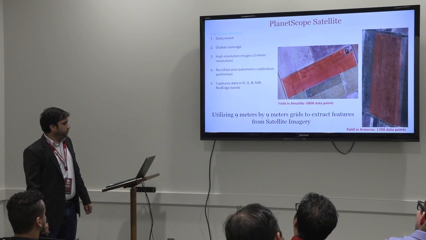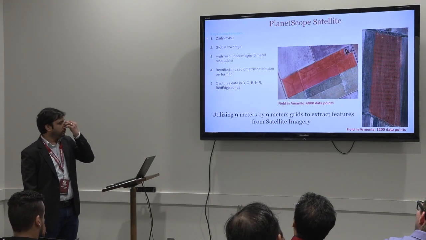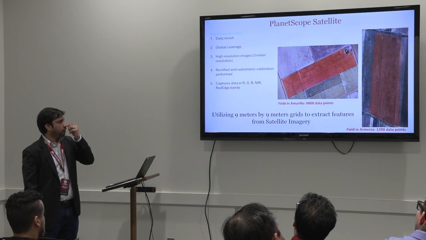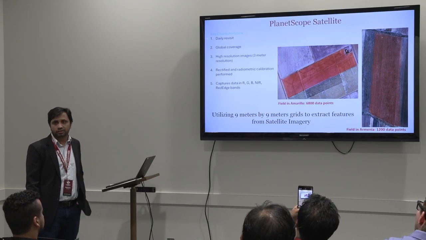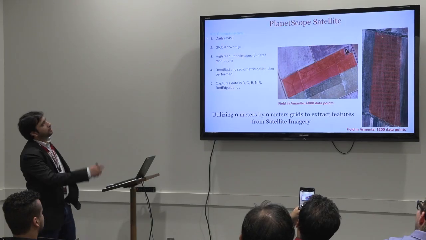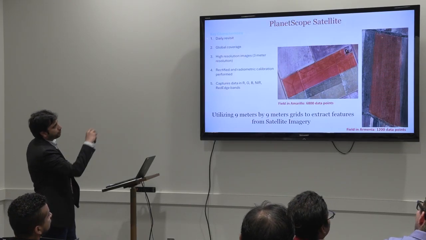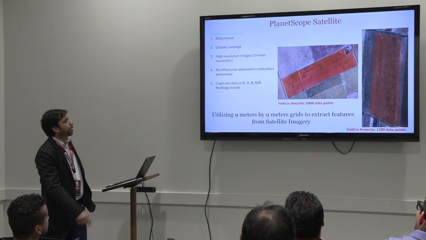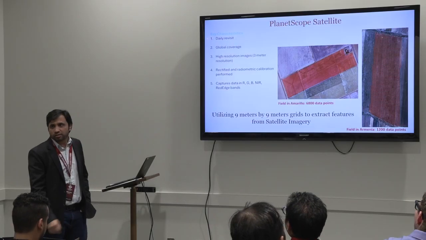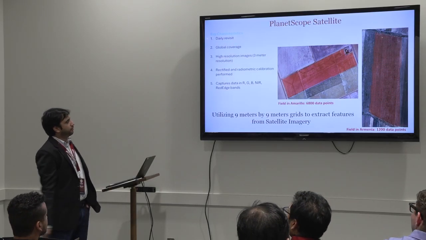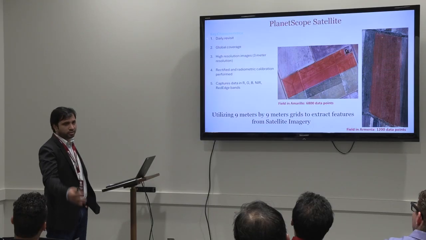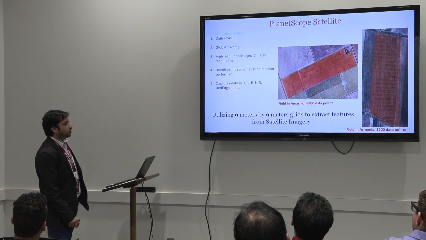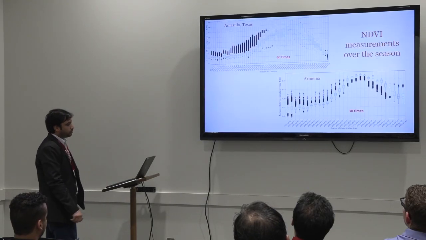And then what we do is we try to minimize a lot of errors, so trying to get the 9 meter by 9 meter grids, extract the data sets, and then I'm going to present this to Phil as well. And now from those 30 points, we have 6,800 points to play around.